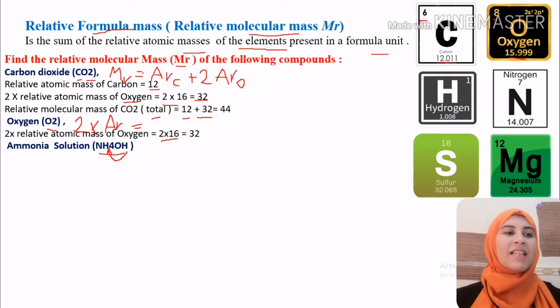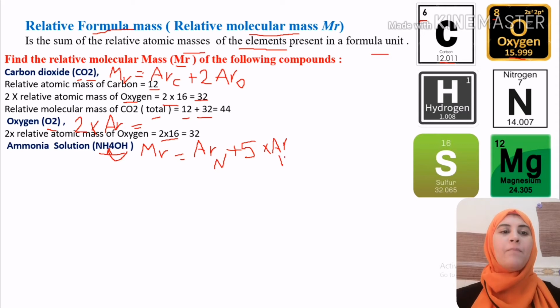So we can say that Mr, the relative molecular mass, equals Ar for nitrogen, the relative atomic mass of nitrogen, plus 5 times the relative atomic mass Ar for hydrogen, plus 1 Ar, the relative atomic mass of oxygen.